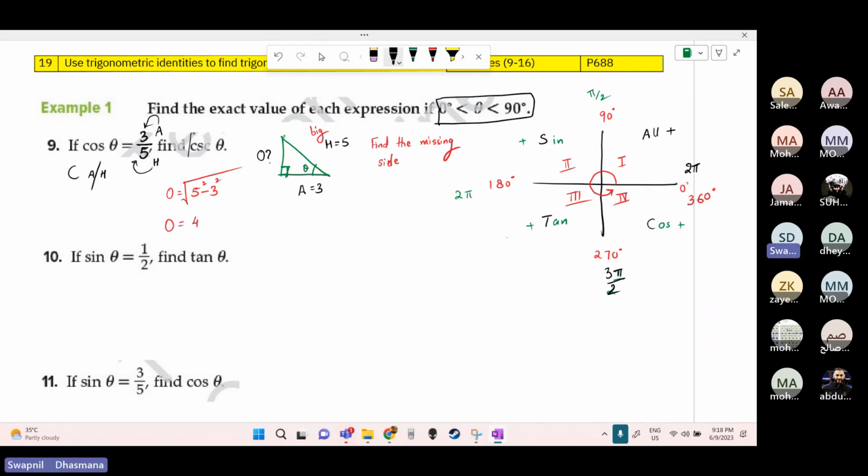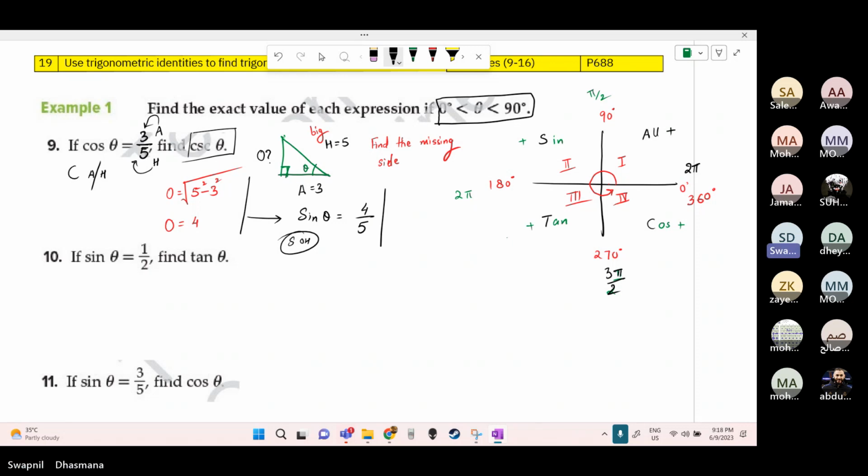Now I need to find what? Cosec. Cosec is the inverse of sine. So I will find sine theta. Opposite over hypotenuse, 4 over 5.